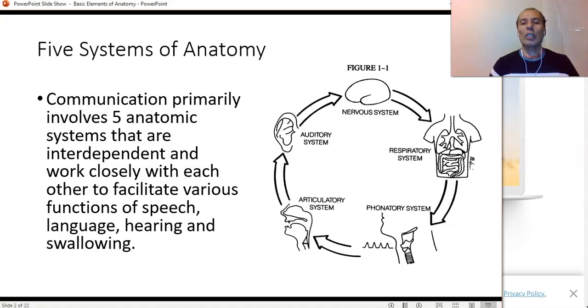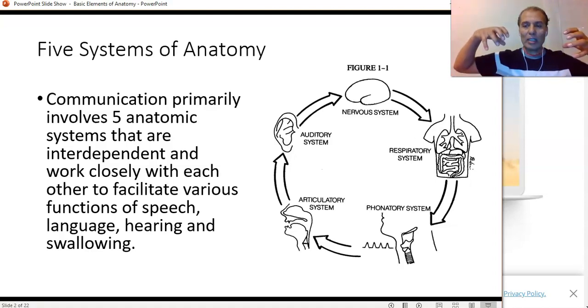Through that process, the signals coming from the brain into the respiratory muscles activate them and enable them to contract, and that is going to enable you, for example, to inhale and to exhale.